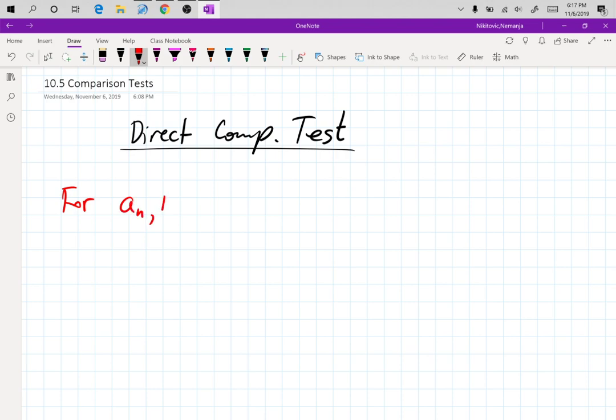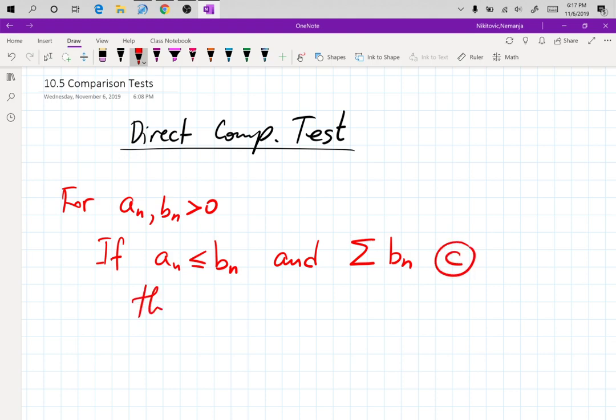For two sequences that are positive, if an is less or equal than bn and summation of bn converges, the summation of an converges as well.